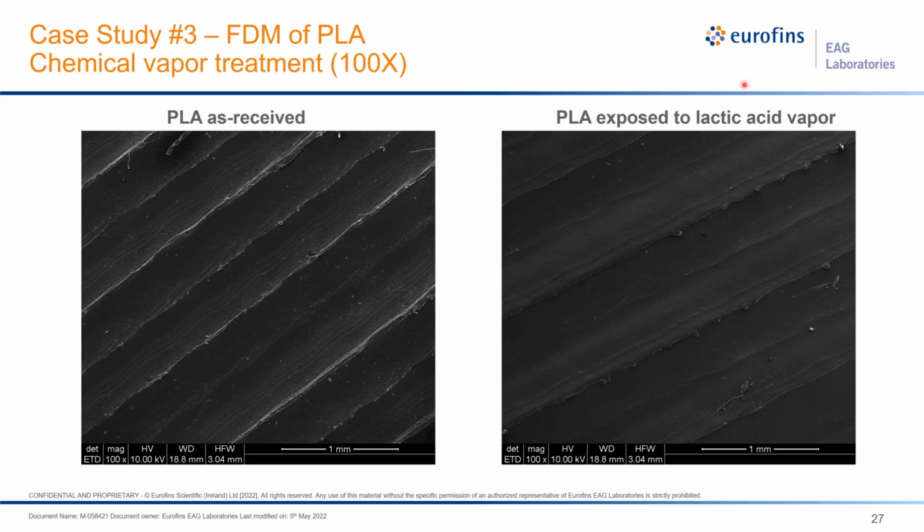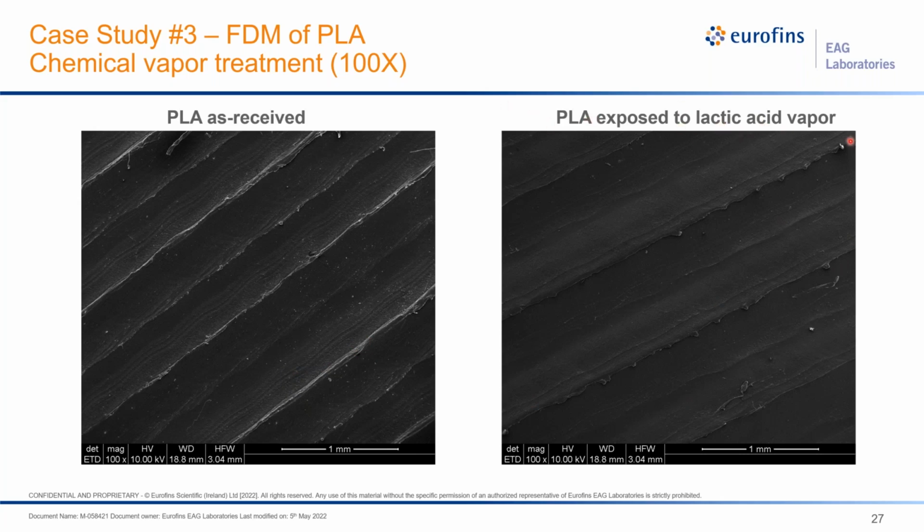Another experiment that we did is, this is actually top-down imaging. We took the PLA samples, and we exposed them to a vapor of lactic acid. And what you see is, we have a smoothing of the surface due to the vapor of lactic acid, and that's obviously lactic acid and polylactic acid.